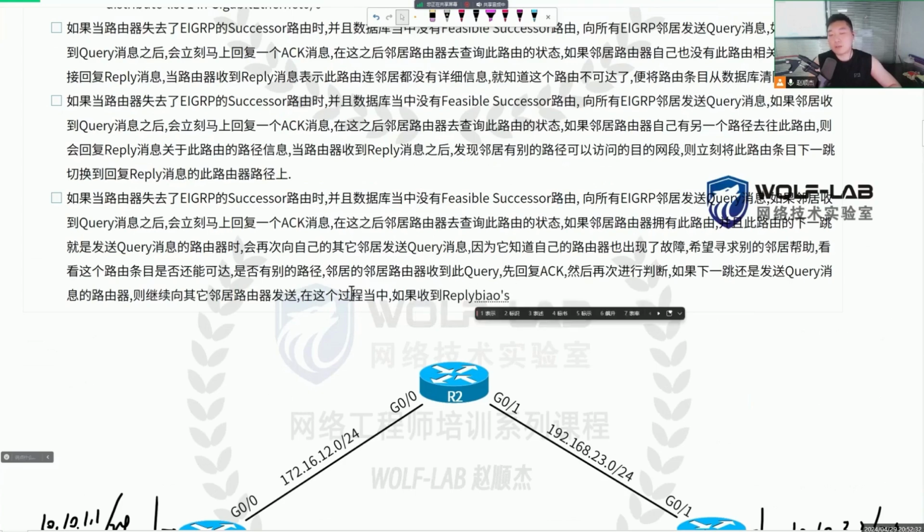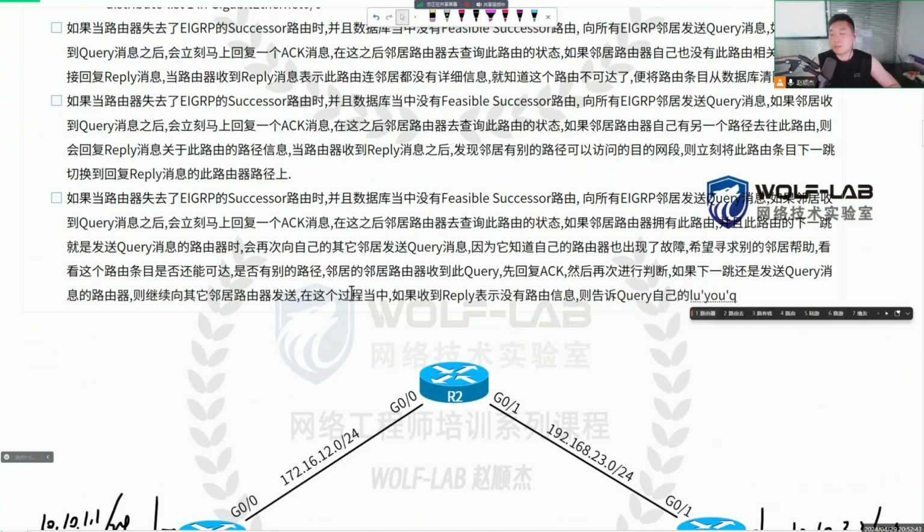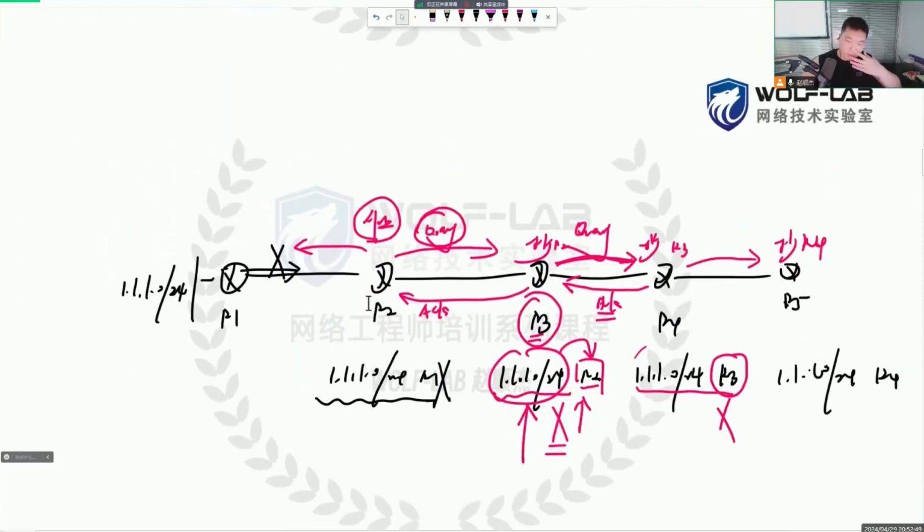Continue to send to the back, until the edge of the network. During this process, if a reply is received indicating there is no routing information, it informs the router that queried it that the route is unavailable. For instance, if R5 informs R4, then this route is gone.